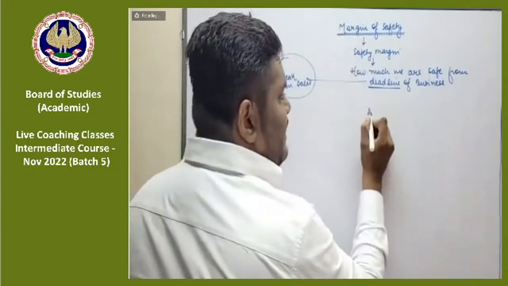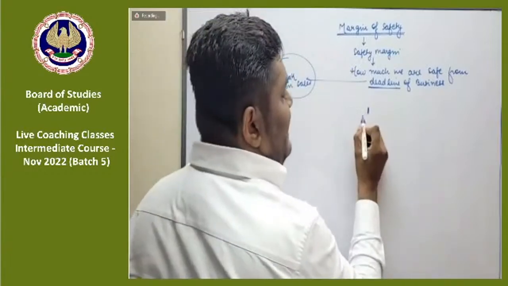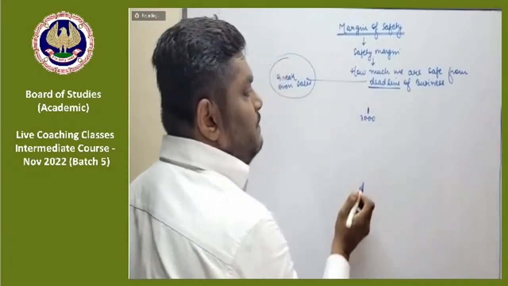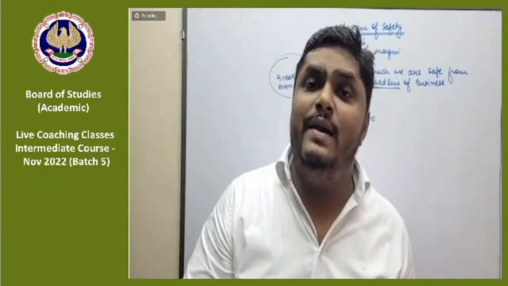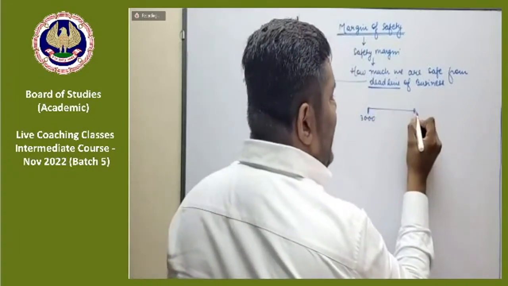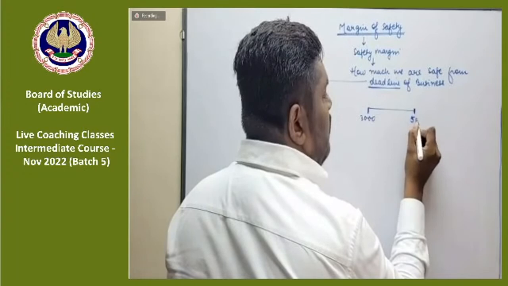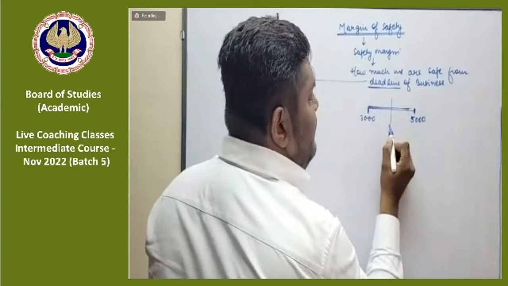Let's say this point is my deadline, and at deadline my sales is 3,000. And let's say currently I am at 5,000. So how much safe am I? Very simple, 2,000.